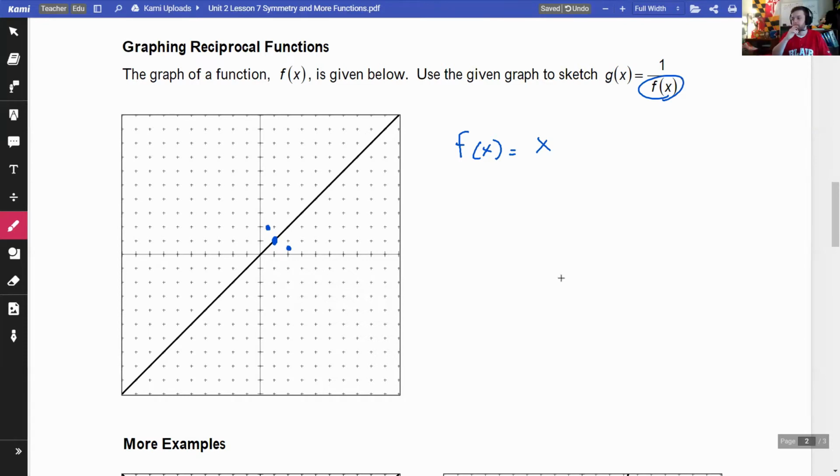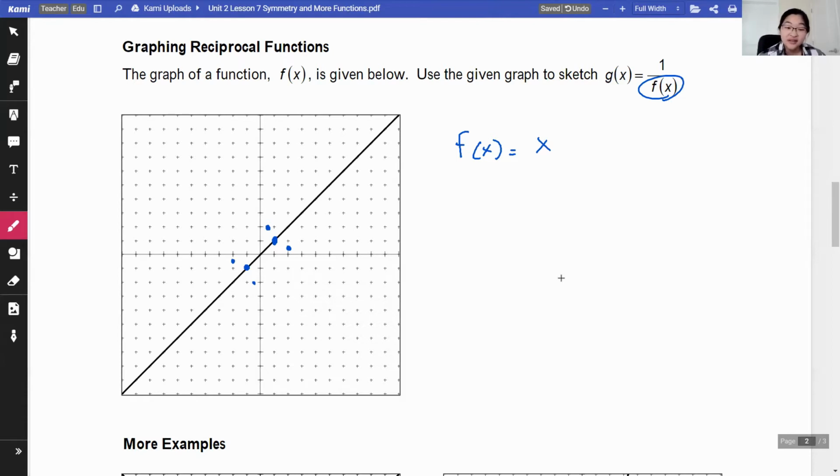How about -1? The reciprocal of -1. I need more coffee. What about -1/2? -2. We'll speed up a little bit. How about what happens when it gets closer and closer to 0?